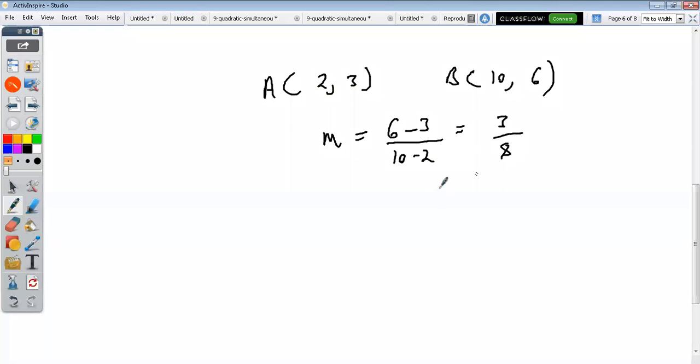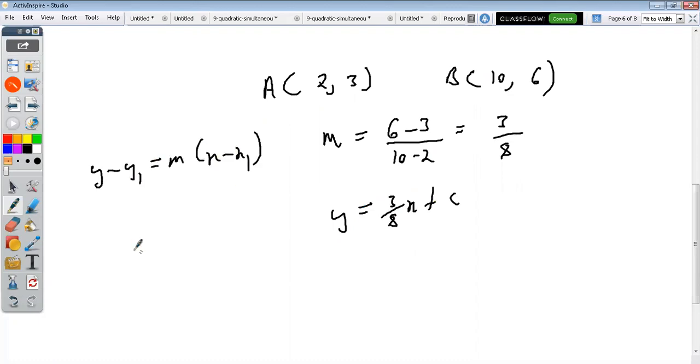Now, even if I say y is equal to 3 over 8 x plus c, I still need to substitute the points. Or I can use what I've just shown you, y minus y1 is equal to m times (x minus x1). If I pick this point, I'm saying y minus 3 is equal to 3 over 8 times (x minus 2). Make sense?